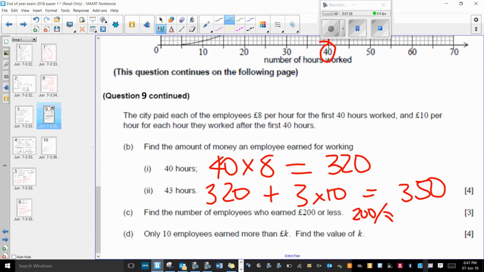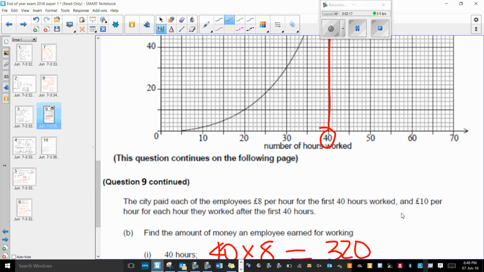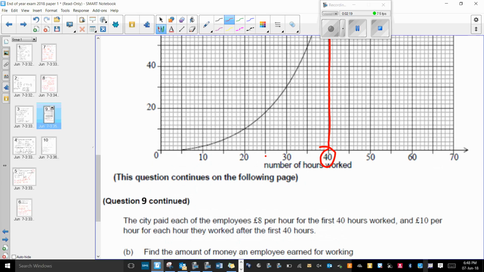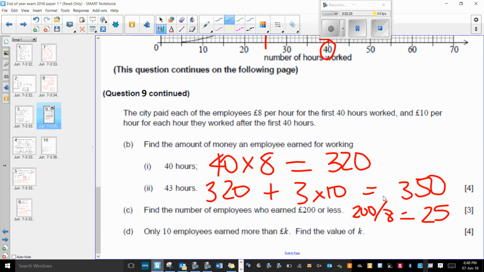So 8, 16, so that's 2, remainder 4, so it's 25. Oh no, so what am I talking about? 25 hours. Okay, so then we're going to find 25 hours and read across, so that's 19. So for 25 hours, it'll be 19 employees.